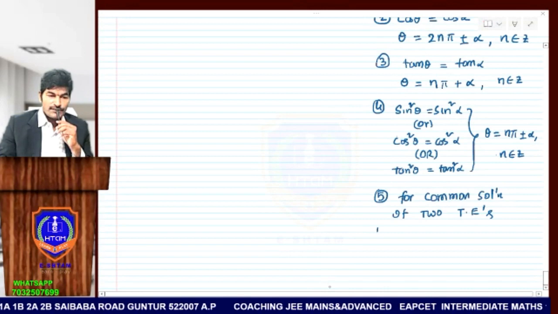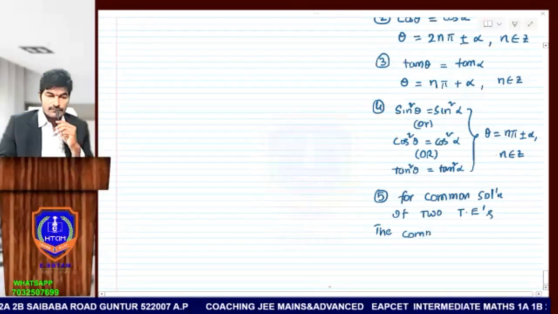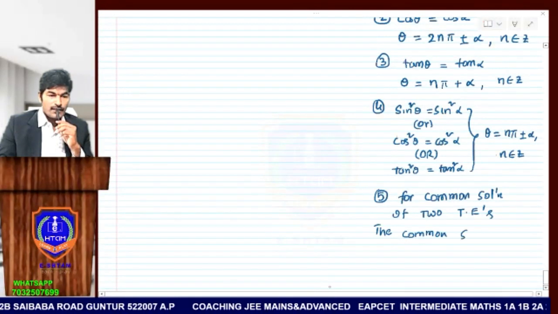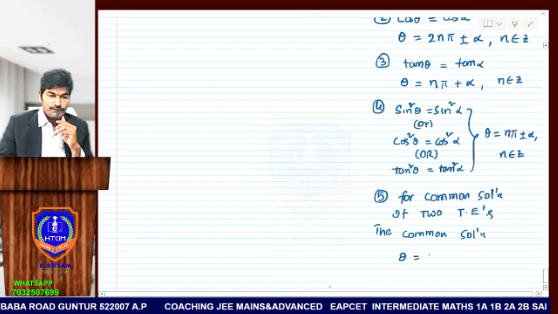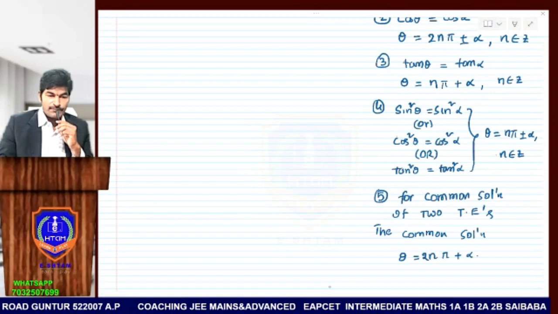The common solution is theta equal to 2n pi plus alpha.